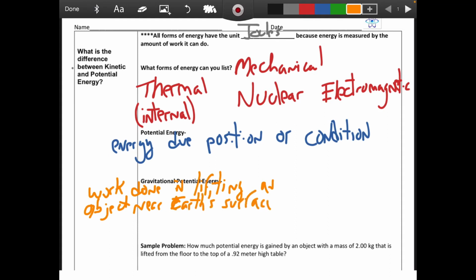So by doing work, you're changing the amount of energy that the system has. So if you lift an object up, you do work on it, it's gaining gravitational potential energy.